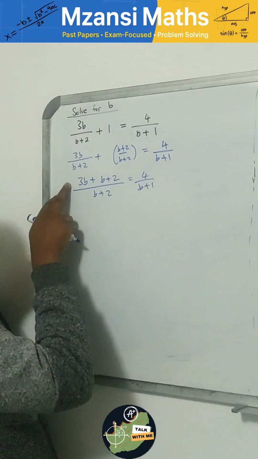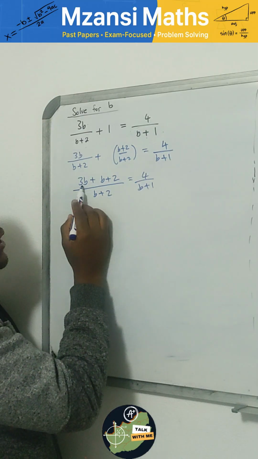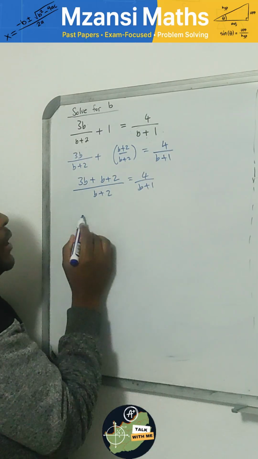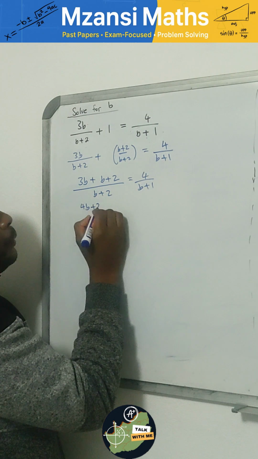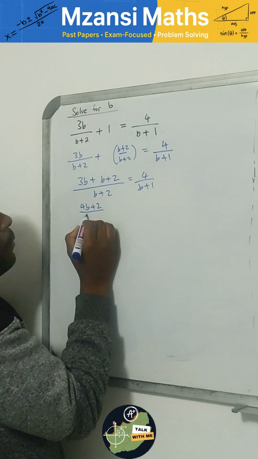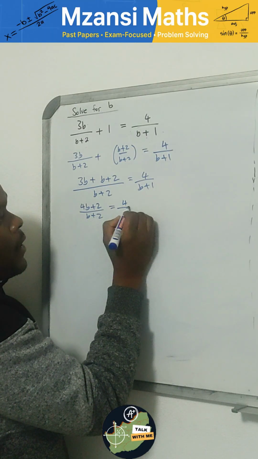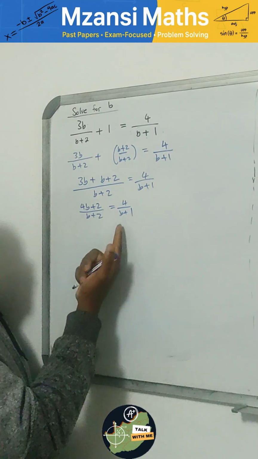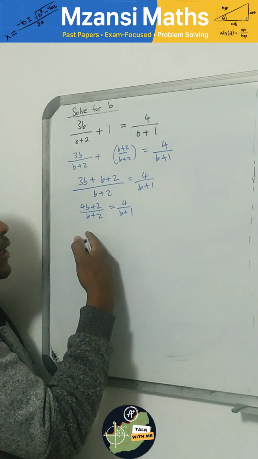Then on the left hand side I look at the numerator. I have some common terms, 3b plus b, right? 3b plus b will give me 4b plus 2 divided by b plus 2, right? This will be equal to 4 over b plus 1, right? Now I can bring over this 4 over b plus 1 to the left hand side.